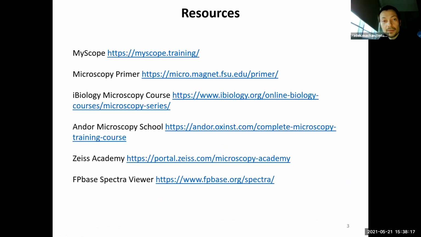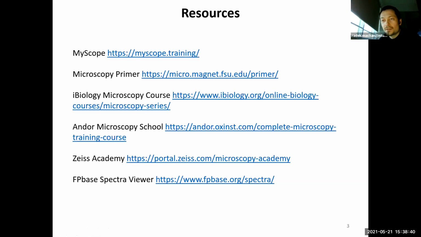One of them, which I've already mentioned, is called MyScope, and it was created by Microscopy Australia, which is something like Singascope, but in Australia. It contains training materials which explain the theory.